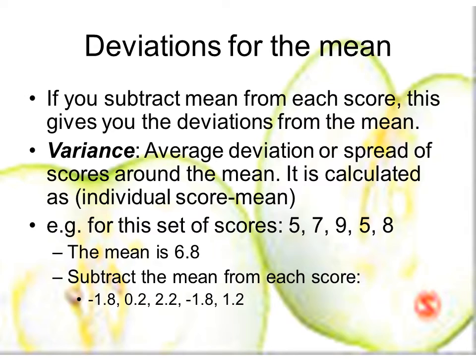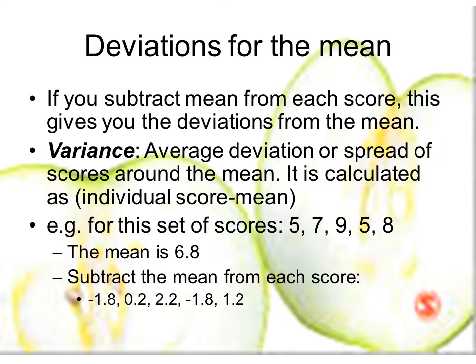The variance is actually the average deviation, or the spread of scores around the mean, which we'll see in a future PowerPoint. And it's calculated by the individual score minus the mean.